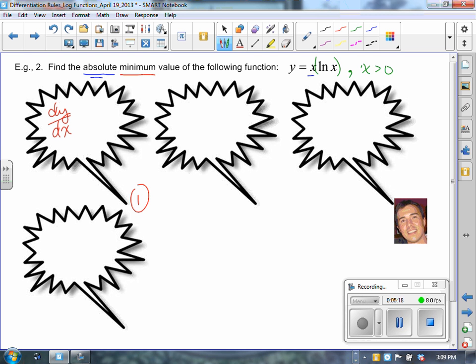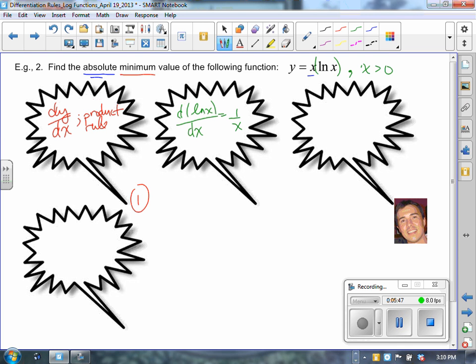And because our combined function includes multiplication, then we are going to be enacting the product rule. Okay, so also recognize that when using the product rule, the derivative of ln x, according to our rules, is 1 over x.